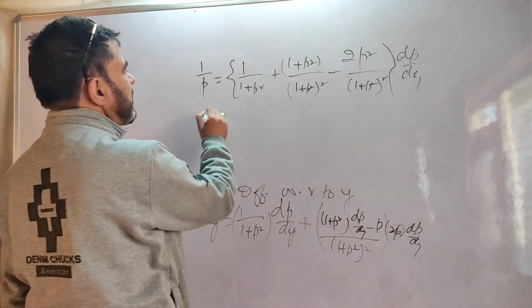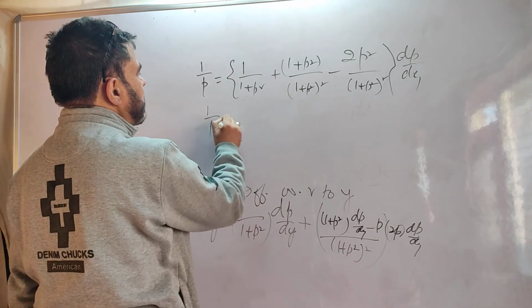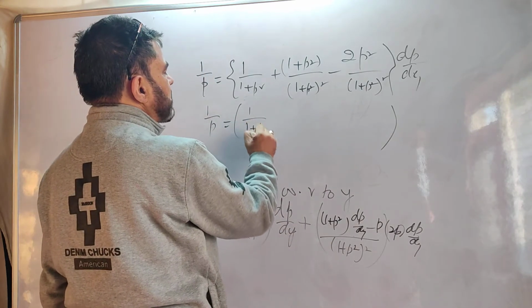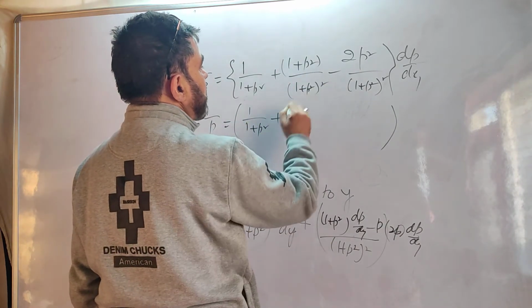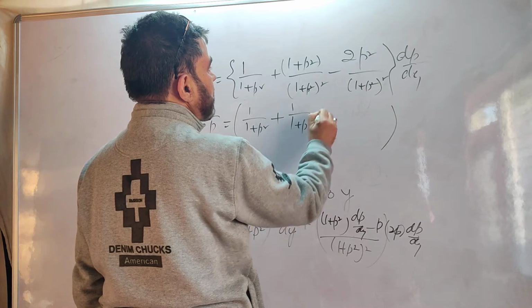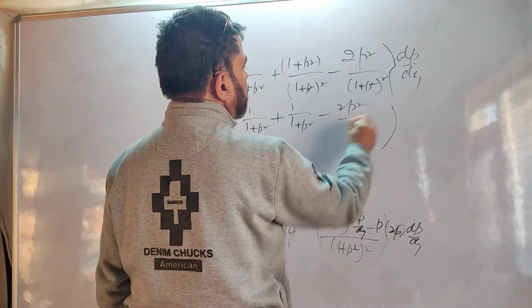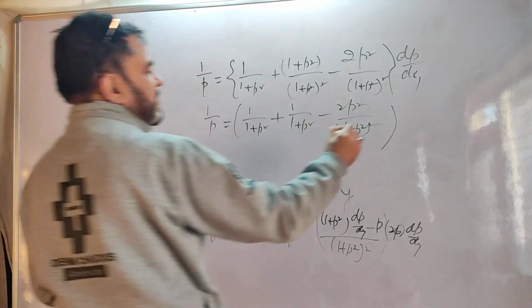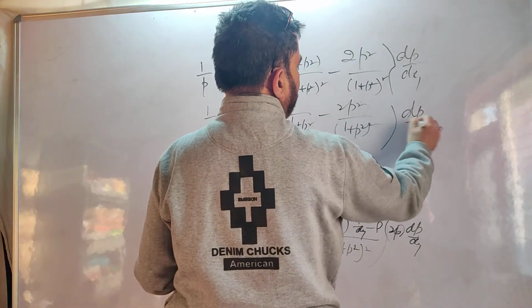How do you proceed? It is 1 by p is equal to 1 by 1 plus p square, then plus 1 by 1 plus p square, minus 2 p square by 1 plus p square whole square, dp by dy.